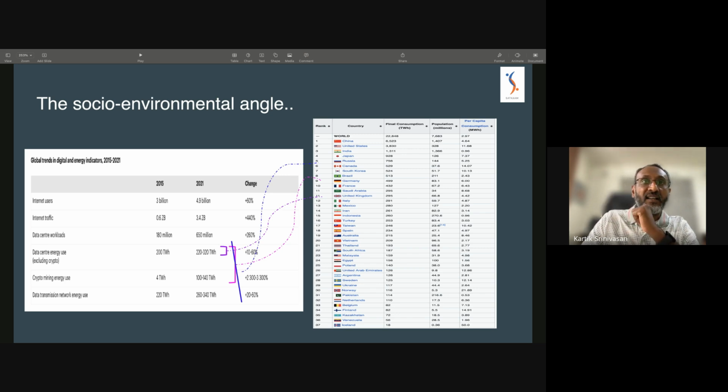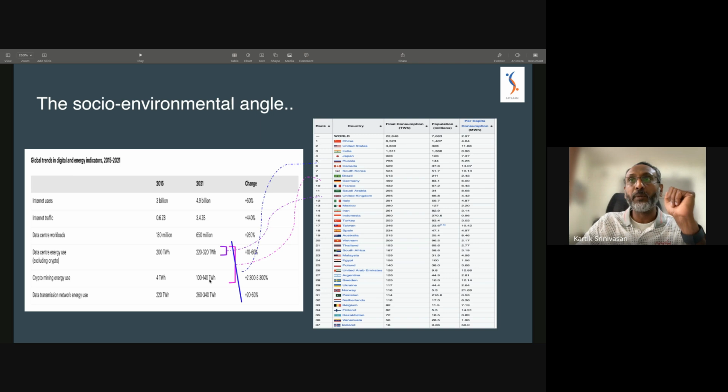So data centers, right? And I'm excluding crypto here. We will not even talk about crypto, because the moment we start talking about crypto, there is a completely different side of compute that starts coming in. It is significantly higher.